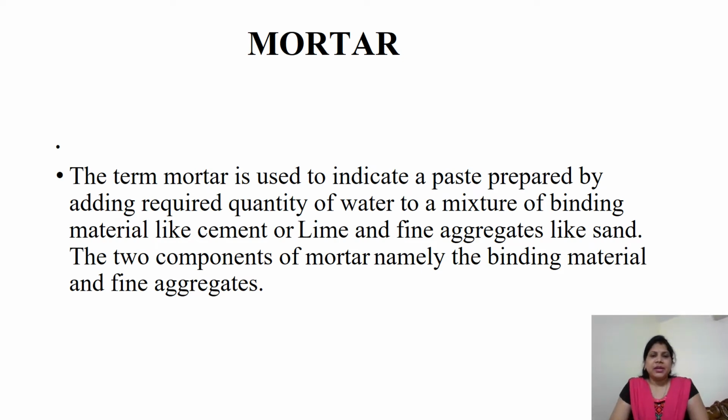To make a mortar paste, mainly two materials are required: one is your binding material, another one is your fine aggregate. Binding material, example is your lime or cement. Then a specific amount of water. That is mortar, meaning the mixture of cement, sand and water is known as your mortar.